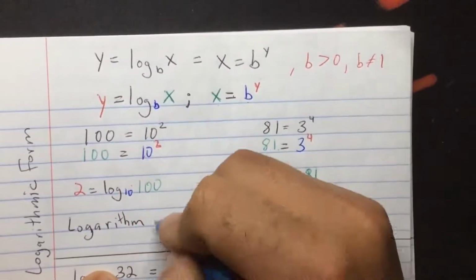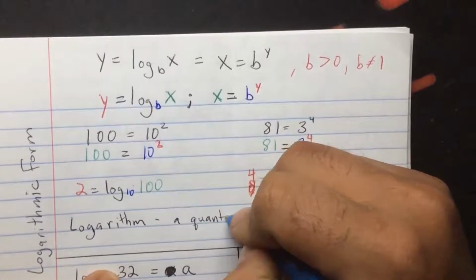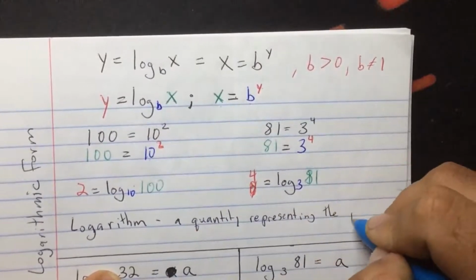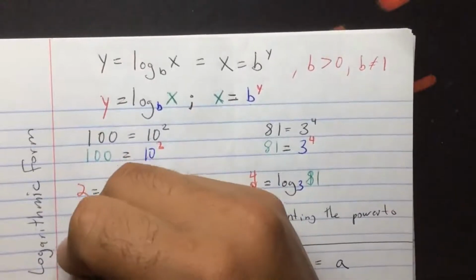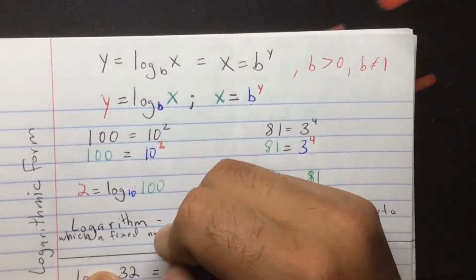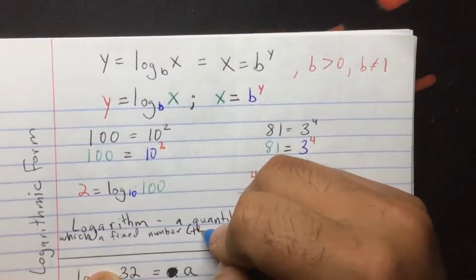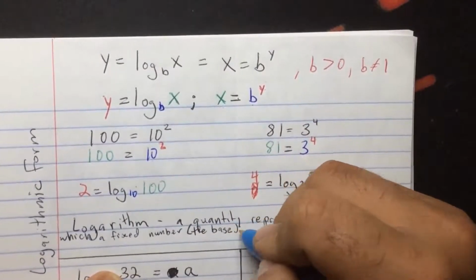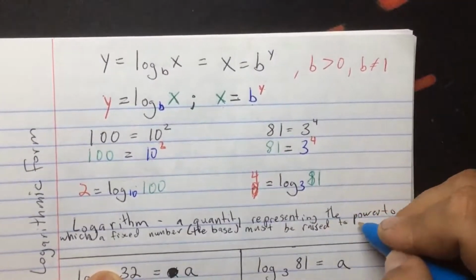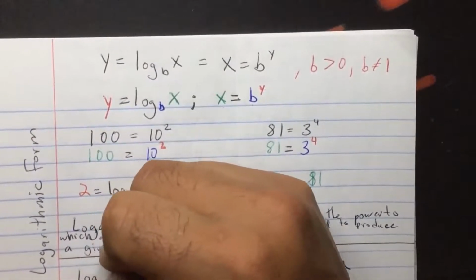The definition is, a logarithm is a quantity representing the power to which a fixed number, and that usually fixed number is the base, I guess we can write the base because it is the base, must be raised to produce a given number.